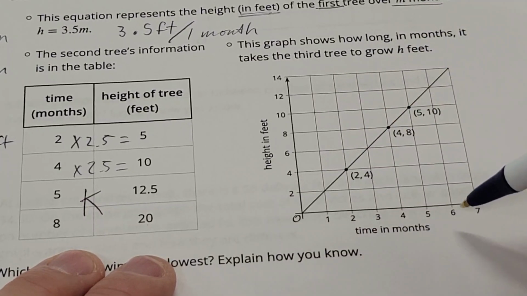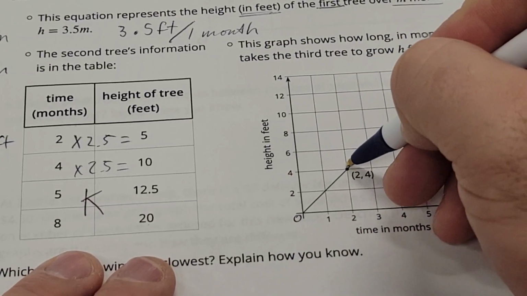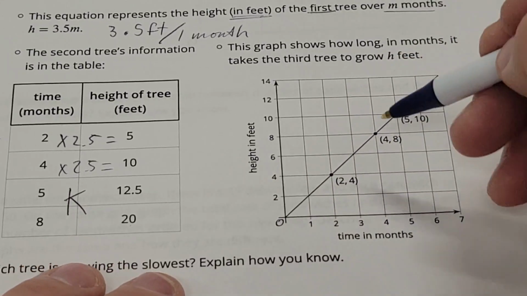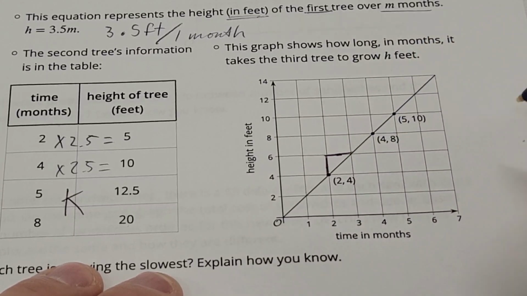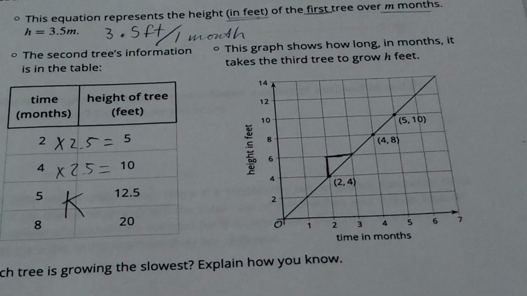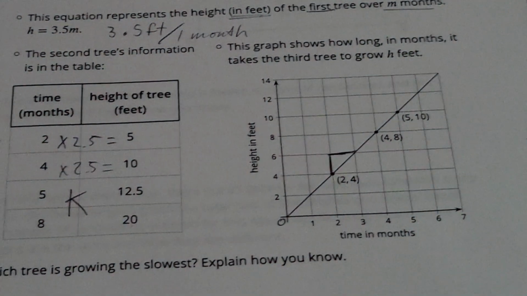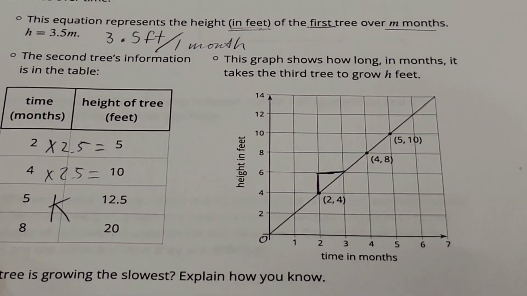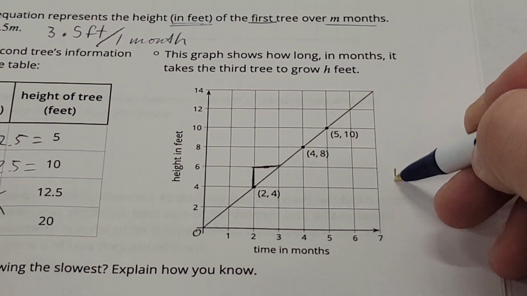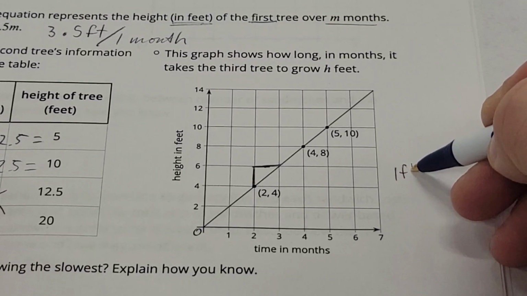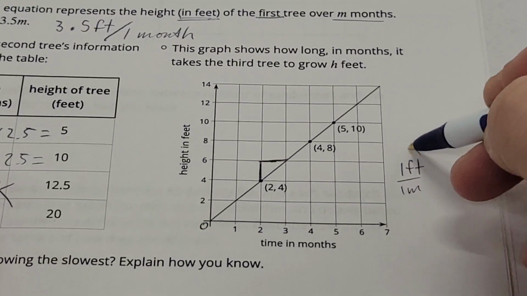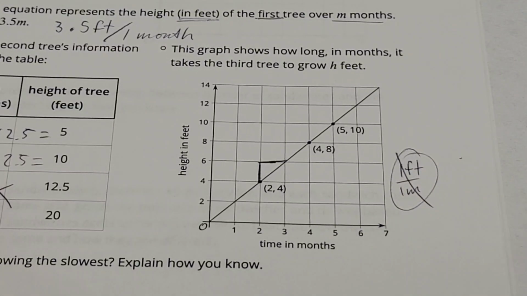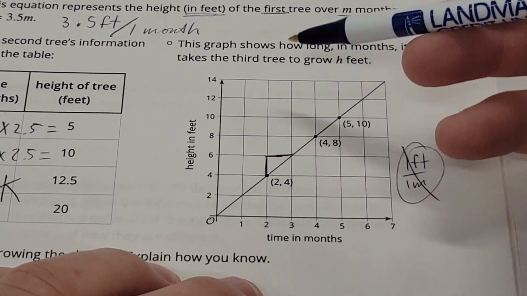So an issue here though, if we just look at slope, and you guys want to grid count on this, it looks like it goes up 1 and right 1. Oh boy, light went out, hold on. Okay, but unfortunately that would look like 1 foot per 1 month, okay? But I'm here to tell you that that is not correct. Let's look closely at the numbers here.